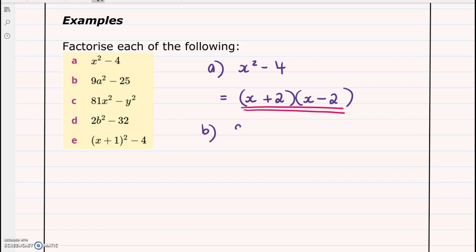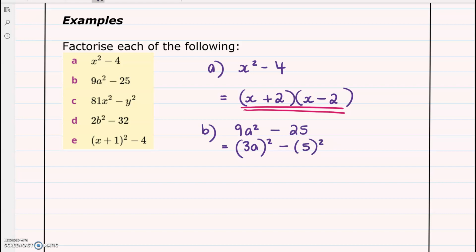Let's try B. We've got 9a squared, all of that is a perfect square, minus 25. If it helps you to see what the perfect square is, I'm going to write it this way. 3a, if I square it, gives me 9a squared. Minus, well, the 25 must have been 5 squared.